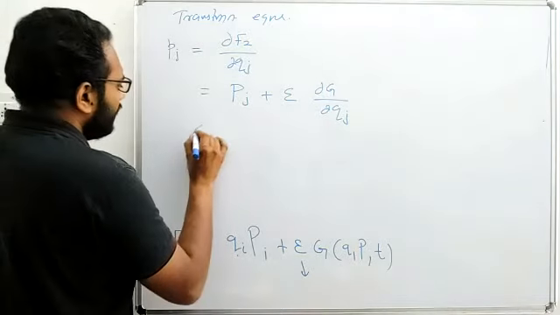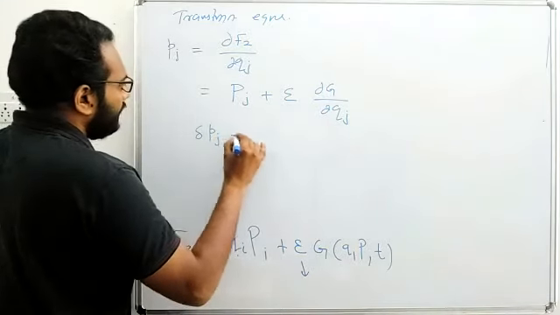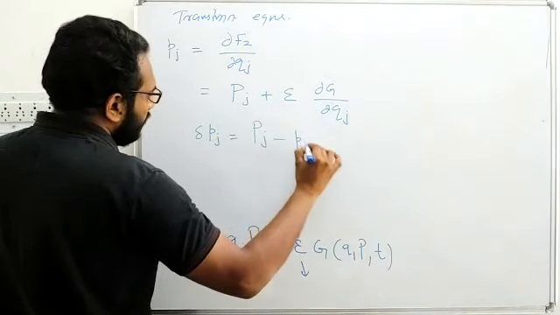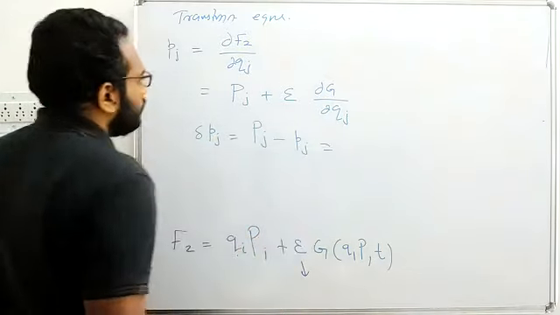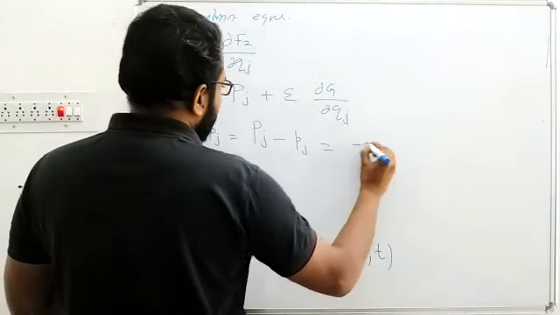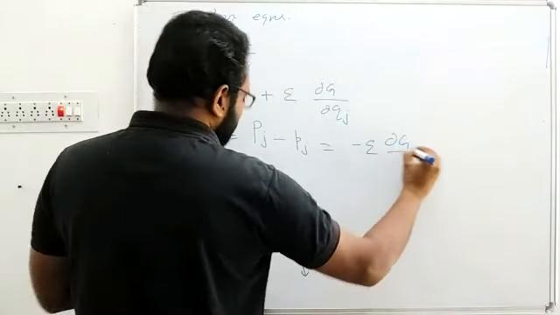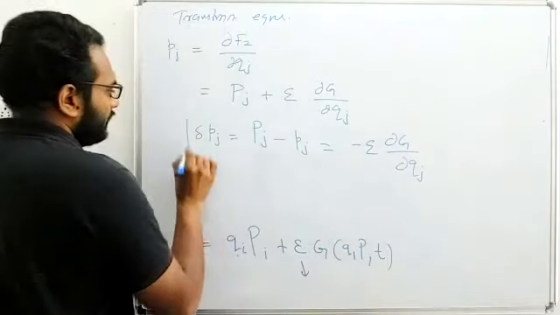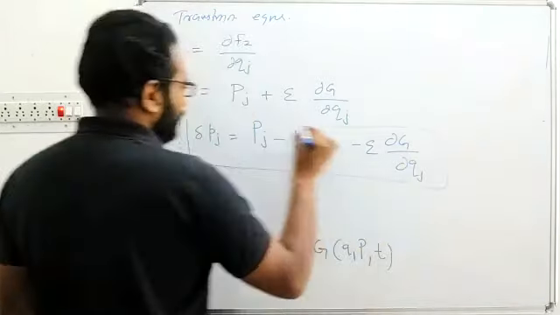Or we can say delta Pj, which is capital Pj minus old, minus new, is equal to minus epsilon dou G by dou Qj. You have to remember this.